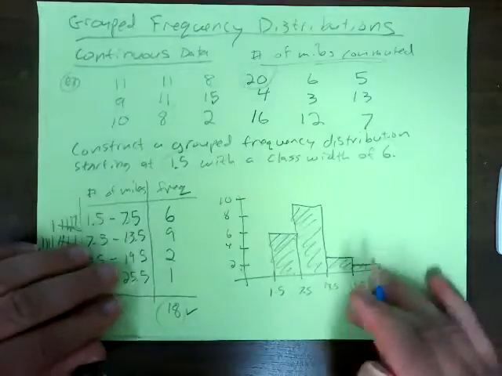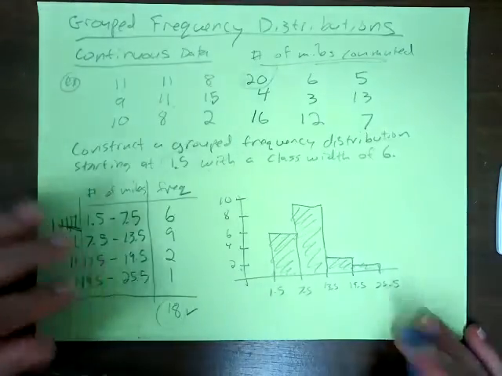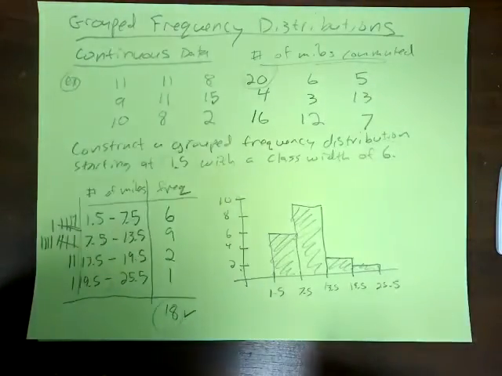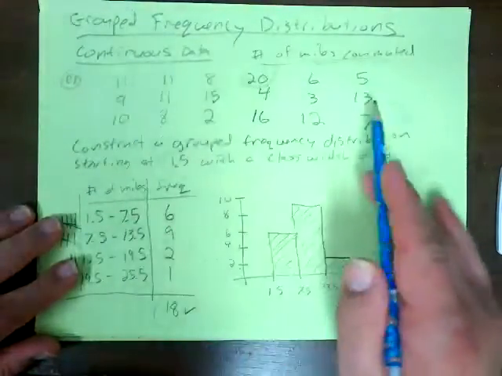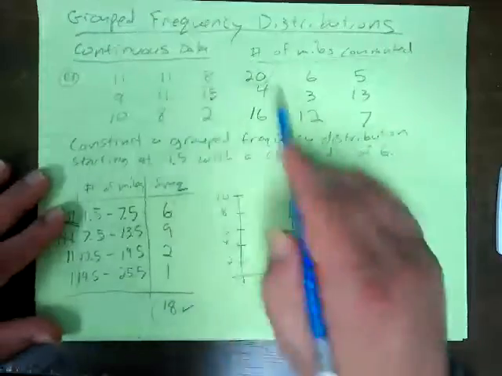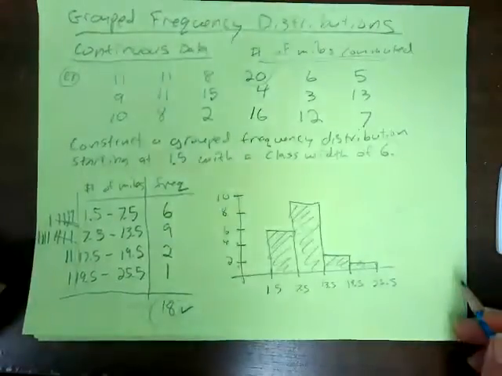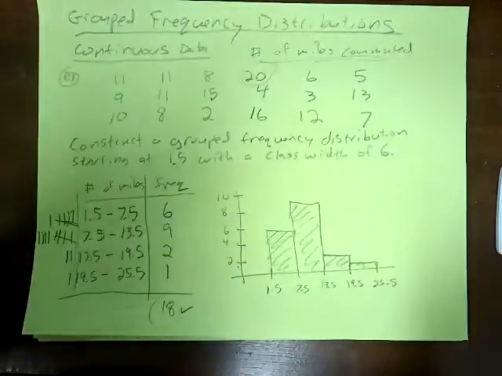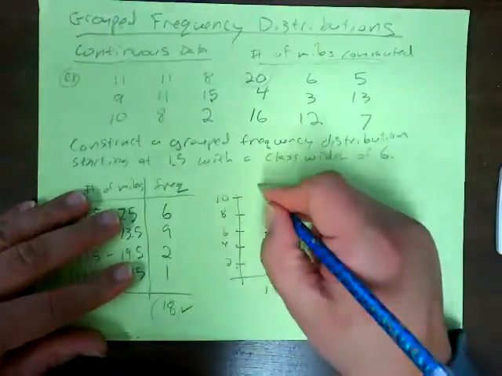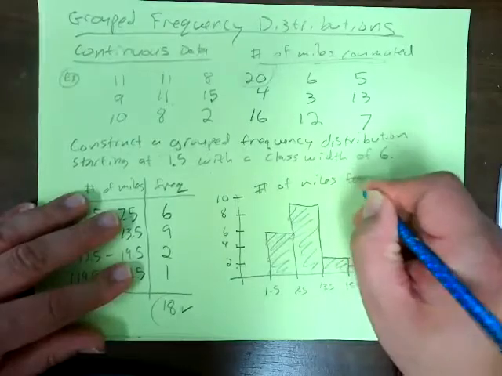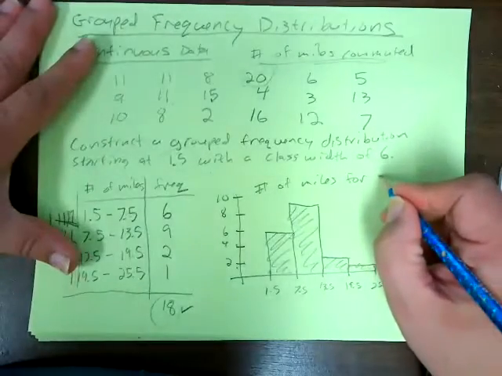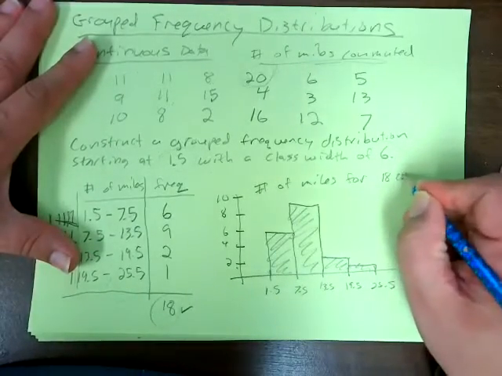And so that's how you do it. So you got these class boundaries instead of class limits. And with continuous data, no matter how many decimal places you have, it'll belong to one and only one class. So now we got to make sure I put a title on there. So this would be number of miles for, I'll say 18 commuters.